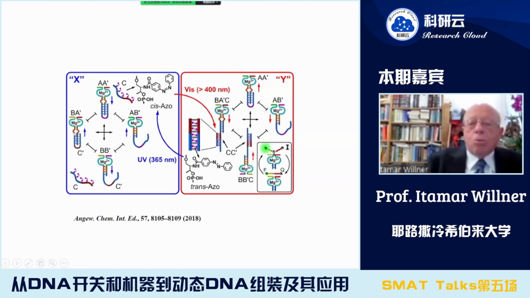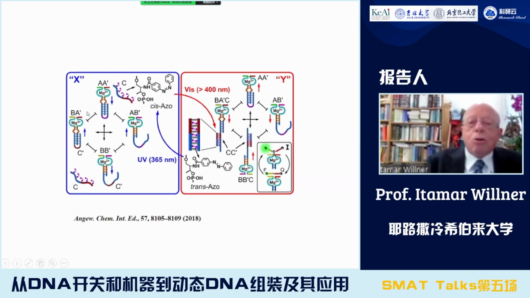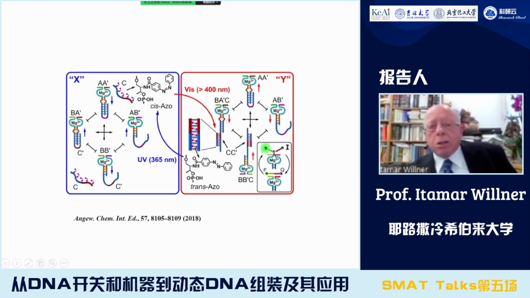But note that at the moment that this was reconfigured by light to this, we lost the stability of the triplex. So the constituent BB prime is now weaker, less stable. It is downregulated. The AB prime is also downregulated. But those constituents that share components with this are now upregulated.